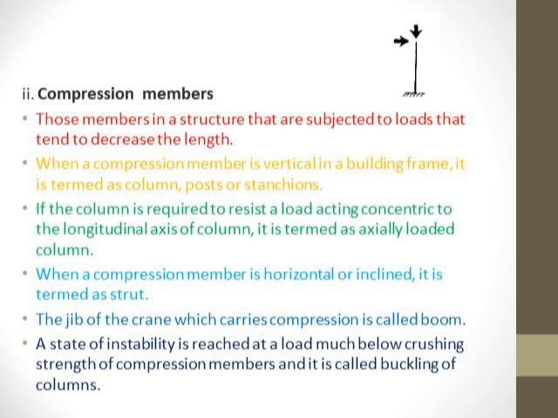The jib of the crane which carries compression is called the boom. And the state of instability reached at a load much below the crushing strength of the compression member is called buckling of columns.